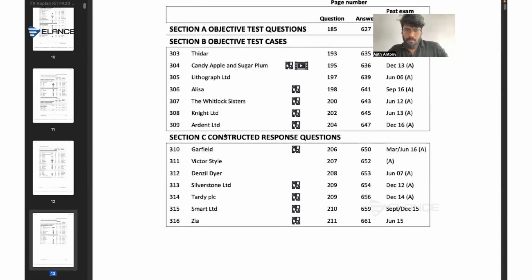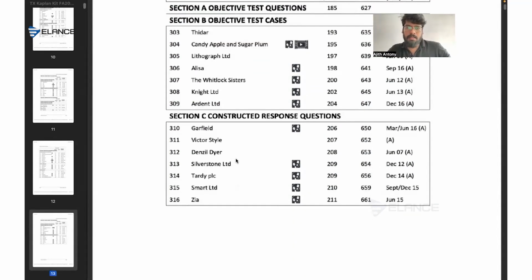Today we will discuss question 308, Knight Limited, and that's a section B question. Before we go to section B, we'll answer two questions in section C.